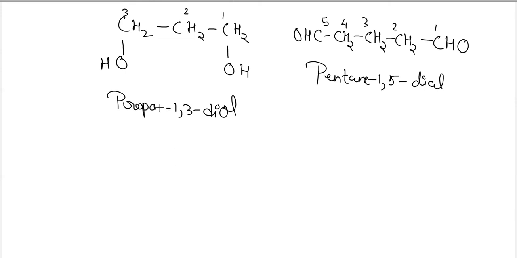So here also in the propane, the e can be included, and the name will be propane-1,3-diol, pentane-1,5-diol. Okay, similarly for dicarboxylic acid also, CH2 CH2 COOH.